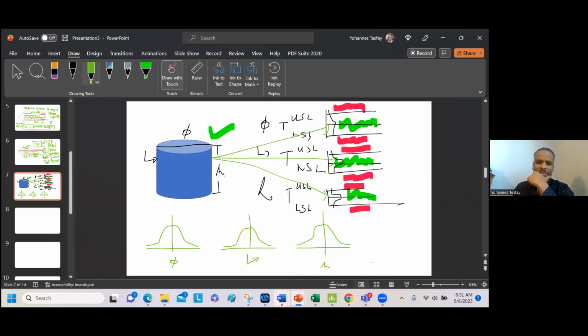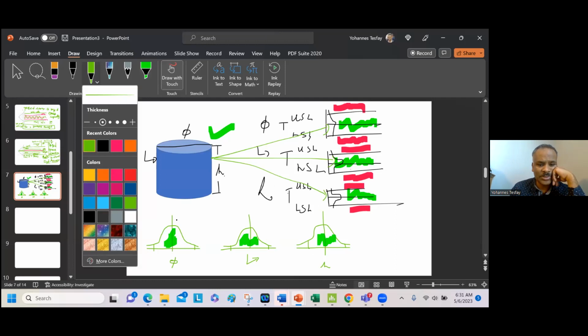You see? So this region is the acceptance region, this region is the acceptance region, and this region is the acceptance region. So this is a scenario. This is the acceptance region, okay?